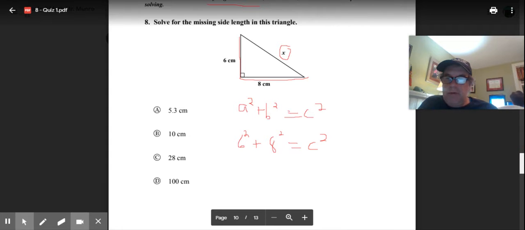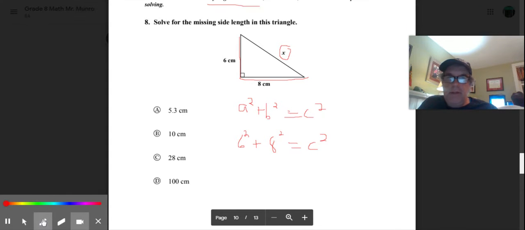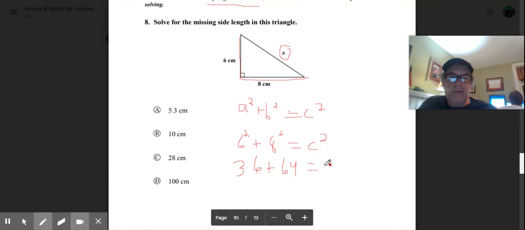Okay. So in this one now, you've got to go and square them. So 6 times 6 is 36. And 8 times 8, 64, equals c squared. And that turns into 100 equals c squared.